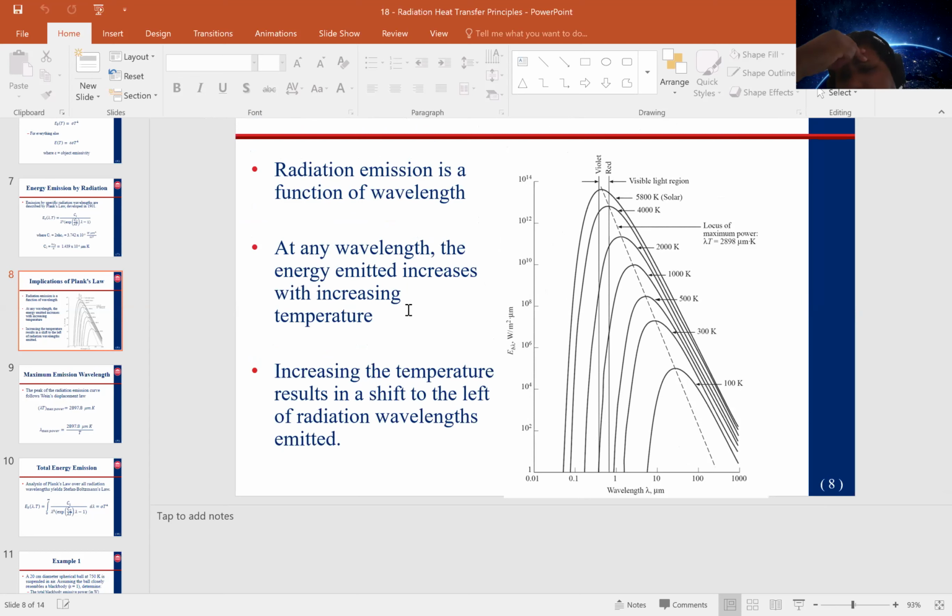And we have curves associated with objects at varying temperatures. And so what we see is that as we increase the temperature of our object, the total emissive power increases. And at the same time, this curve that shows essentially the emissive power over all wavelengths shifts to the left, meaning increasing that energy not only increases the total power, but shifts the wavelengths of radiation emission to smaller and smaller waves.